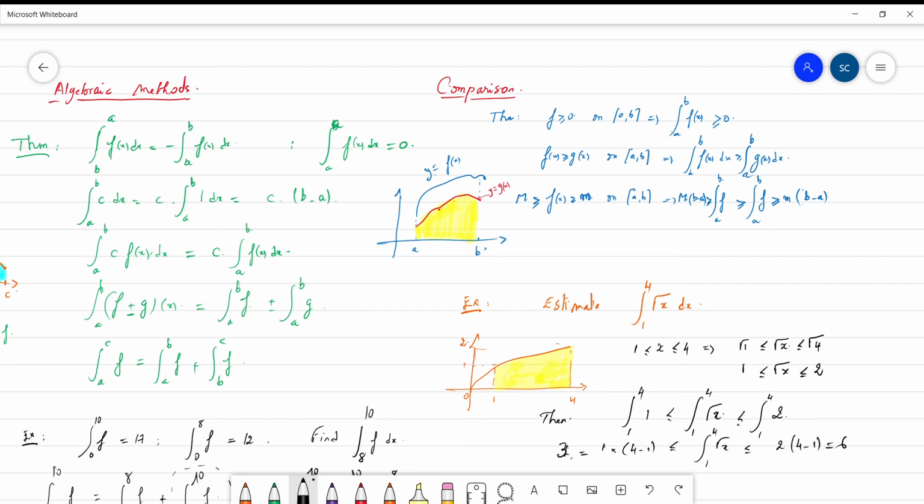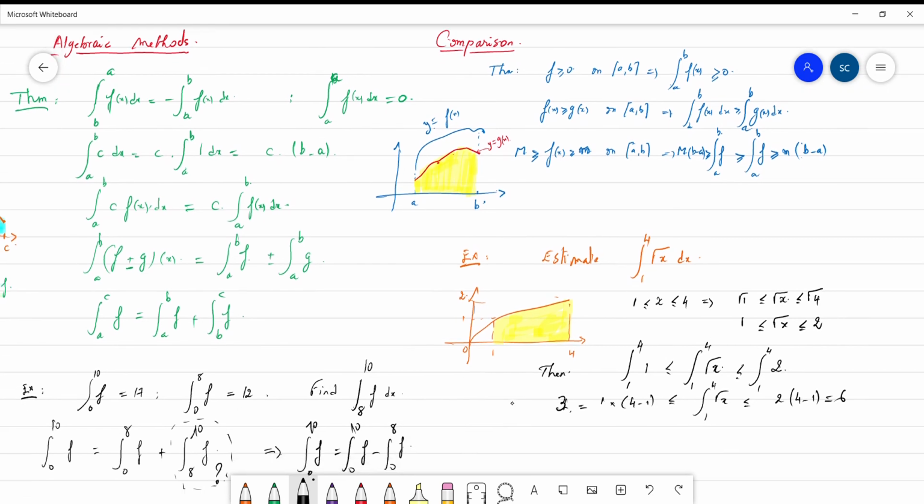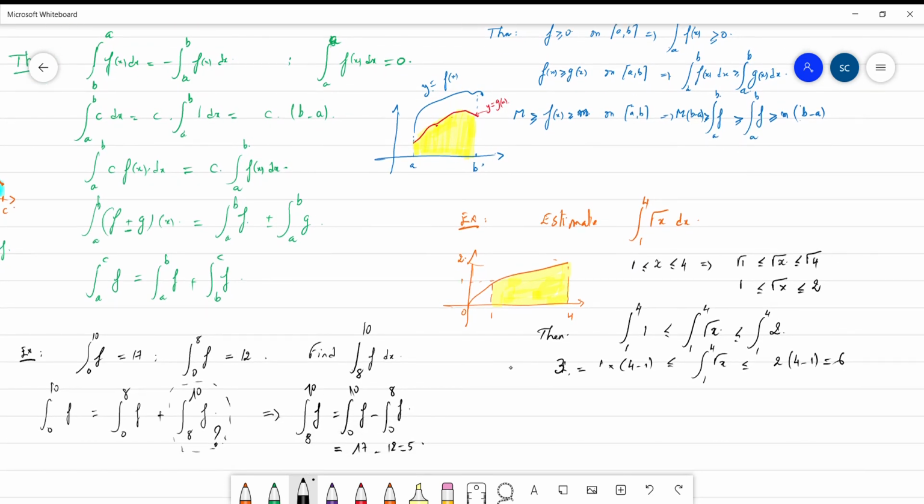Still, the estimate is not accurate, it's very large. The difference between 3 and 6 is 3 units. It's too high to say that we have a good estimate, but still sometimes we need it. Showing that it's bounded is enough.